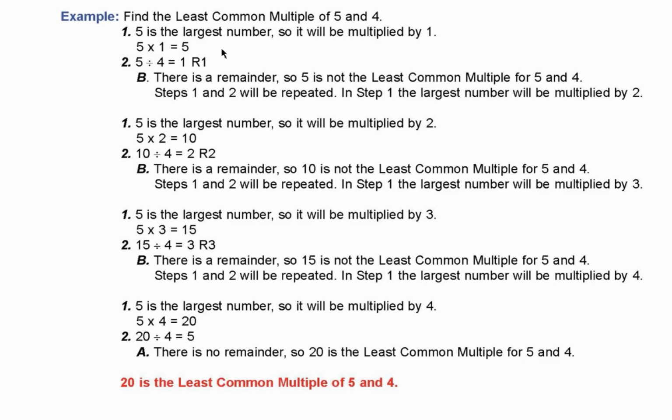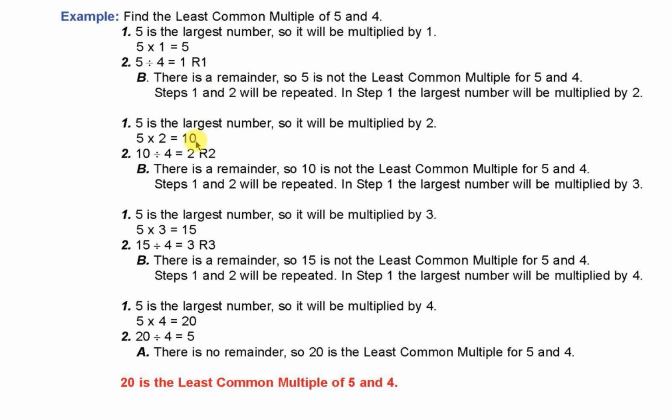So here we have a multiplication result of 5. When we divided 5 by the smaller number, we get a remainder of 1. Therefore, 5 was not the least common multiple.